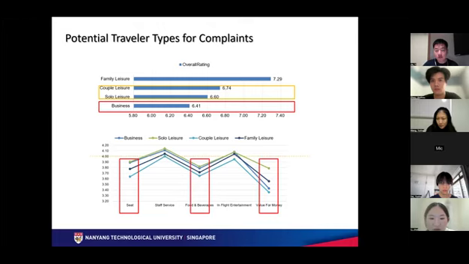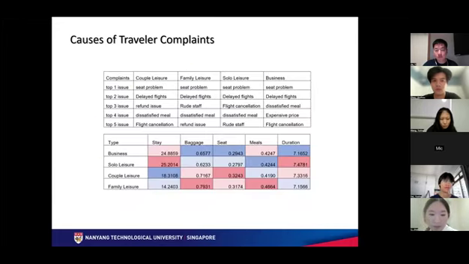And for the review ratings on different aspects, all traveler types posted low ratings on value for money, seat, and food and beverage. Next page. In the second part, we hope to identify the causes for complaints by analyzing the preferences of each traveler type. The main complaints from all traveler types include seat problems, delayed flights, and unsatisfactory meals.